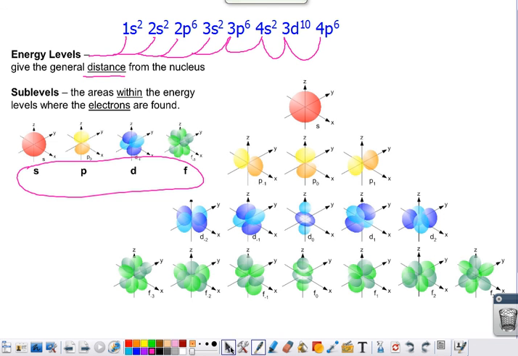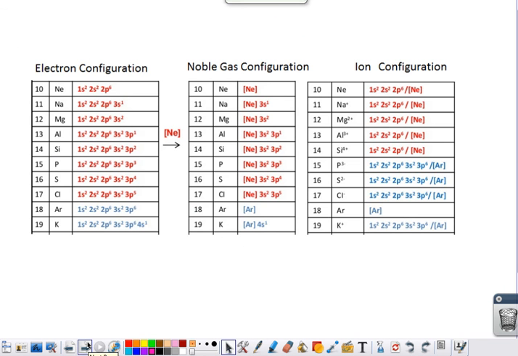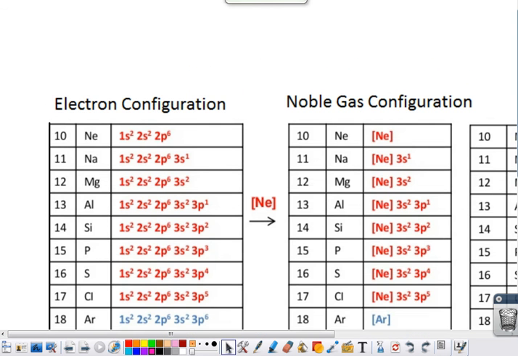One gentle reminder that we were doing, look at these noble gas configurations. I forgot I put this in here. So neon is 1s2, 2s2, 2p6. Neon, and sodium looks a lot like it, but it's got that. Let me zoom in so you can see what I'm pointing at there. There you go.